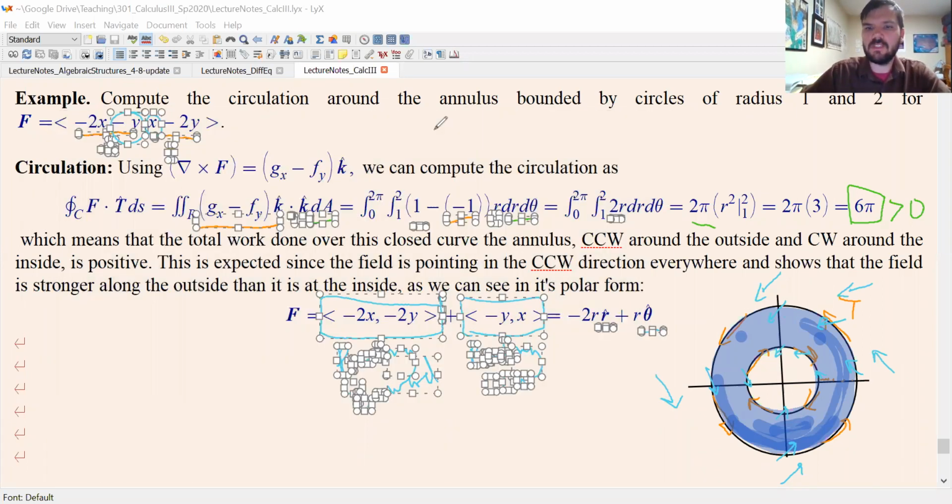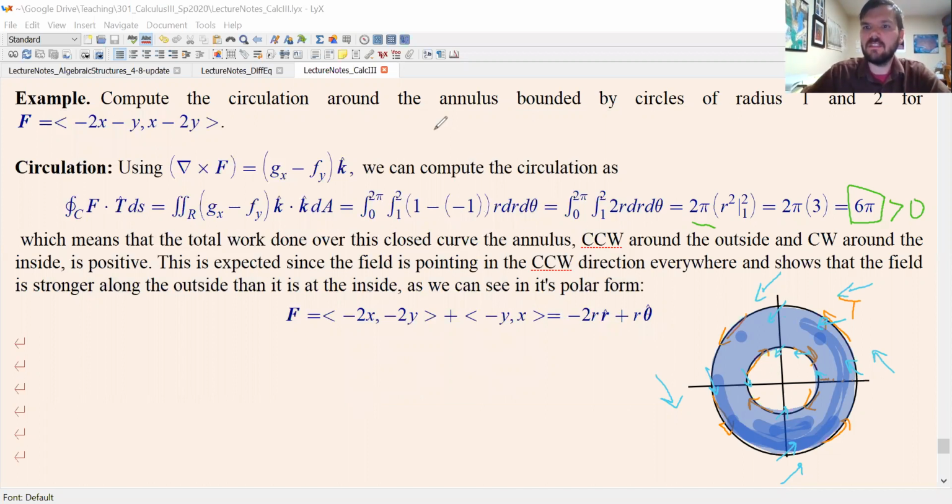I think it's helpful for us to see this same or a similar problem in polar coordinates. Just the light blue. Okay, there you go.